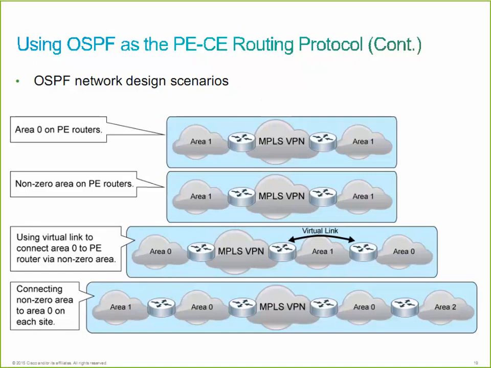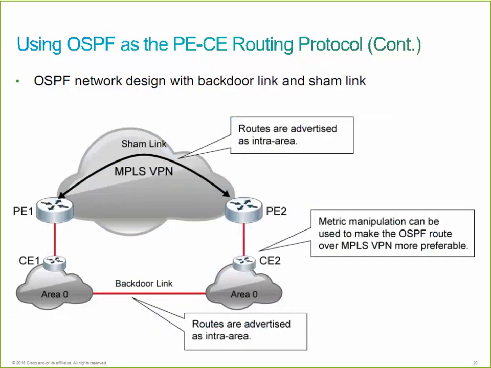All right. In normal OSPF operation, intra-area routes are preferred over inter-area routes. I'm always going to prefer a type 1 route over a type 3 route. We know that from our basic knowledge of OSPF. In MPLS VPNs, all internal OSPF routes become inter-area routes at the remote site.